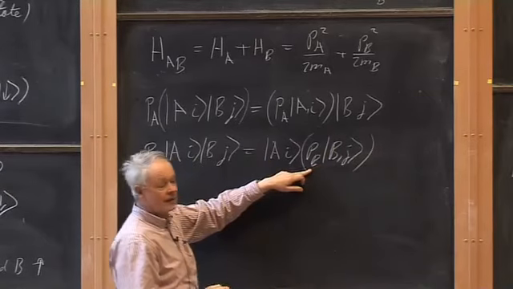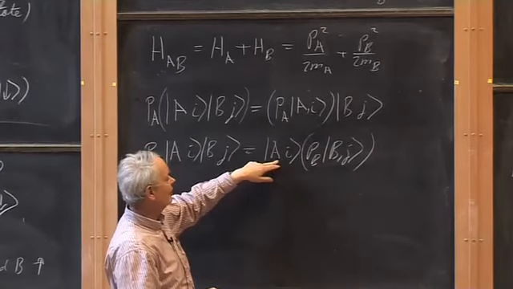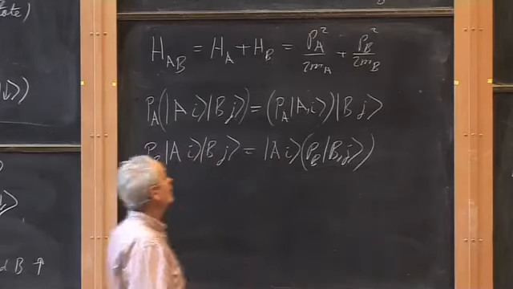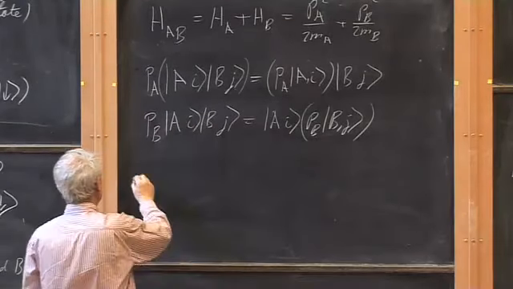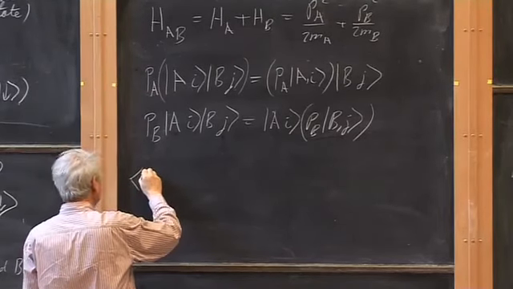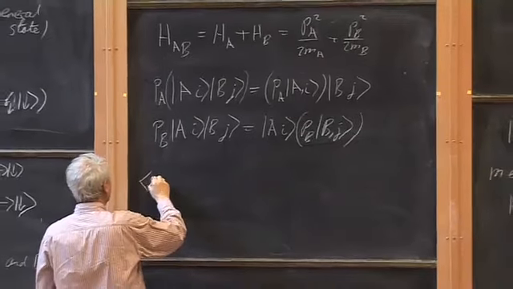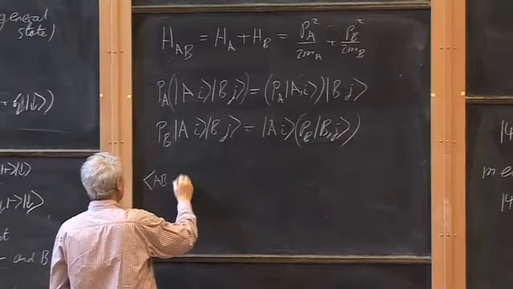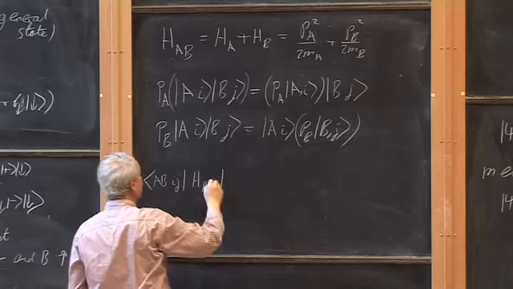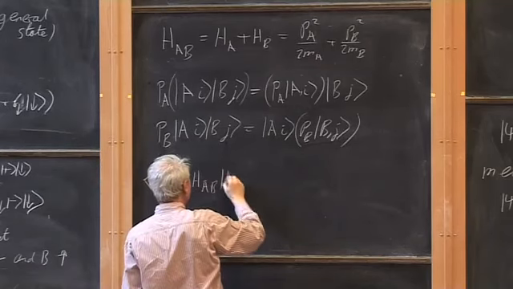This is a well-defined state of B, gets to be symbolically multiplied by this well-defined state of A, and there you are. So, for example, what would the expectation value of HAB be in this case here?